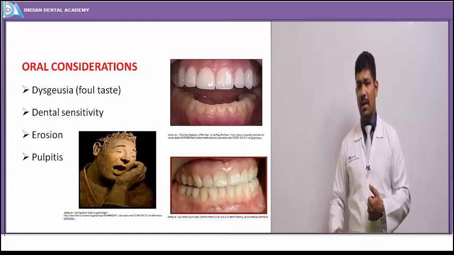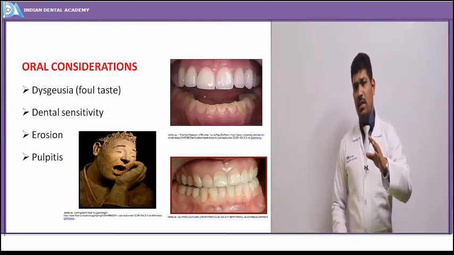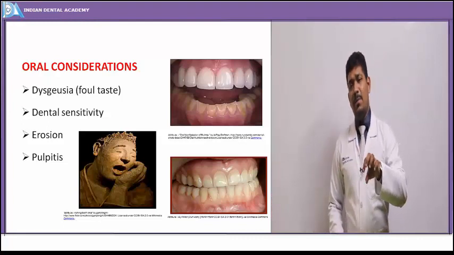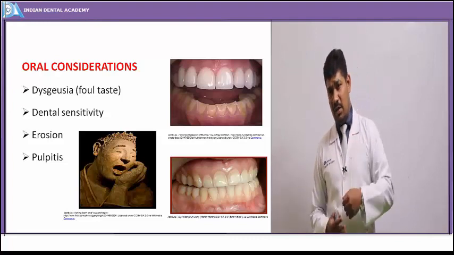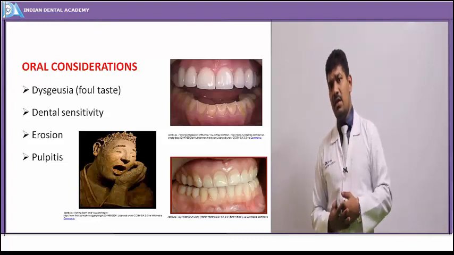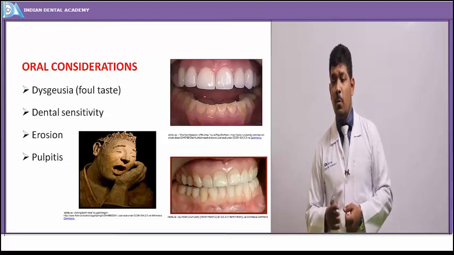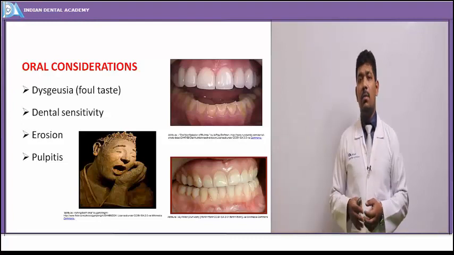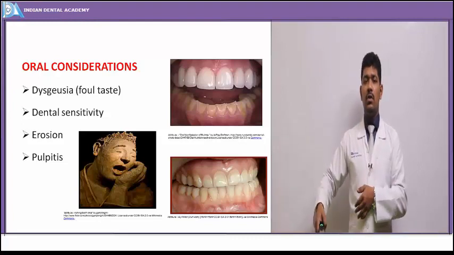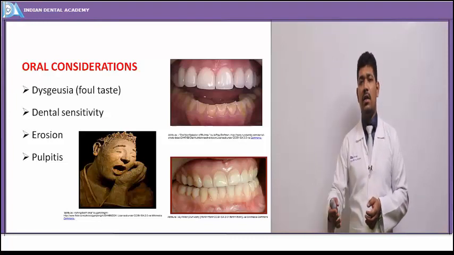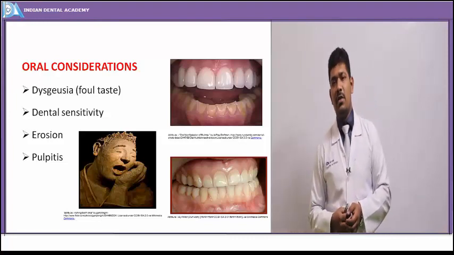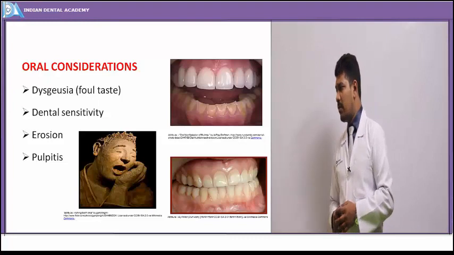There is natural erosion of these protective layers, and the pulp and the dentin are exposed to the external environment. This results in dental sensitivity, which may progress into more severe erosions, leading into pulpitis and periapical infections, and so on and so forth.